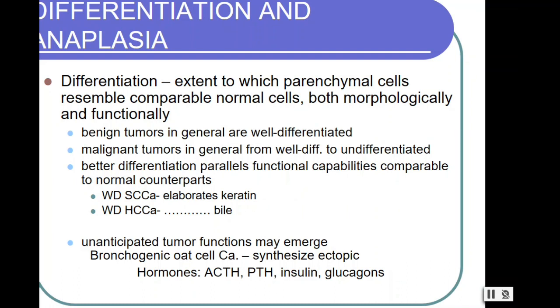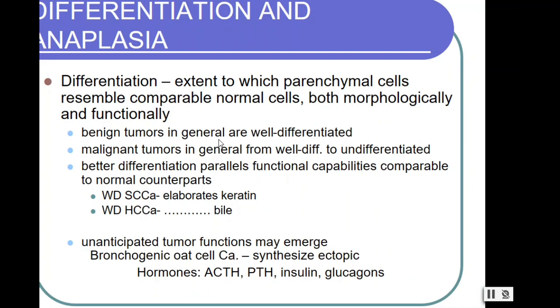Benign, near the appearance of a normal adipose cell. Malignant, far from the appearance of a normal adipose cell. But you have to check that it's not only morphology or appearance, but also the function. Okay.